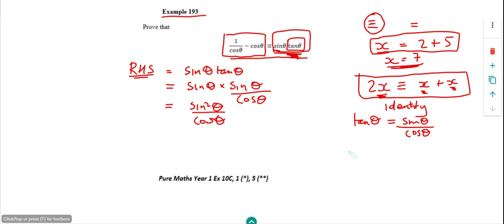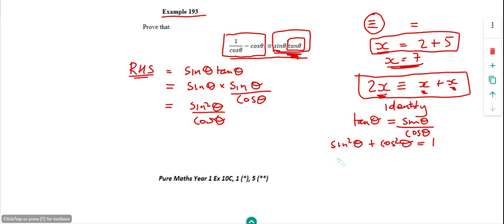We can now use again our identity, which is sine squared theta plus cos squared theta equals 1. As before, we're just going to rearrange this. Now notice that the left hand side is just in terms of cos, so we want to replace the sine squared and make it a function of cos.